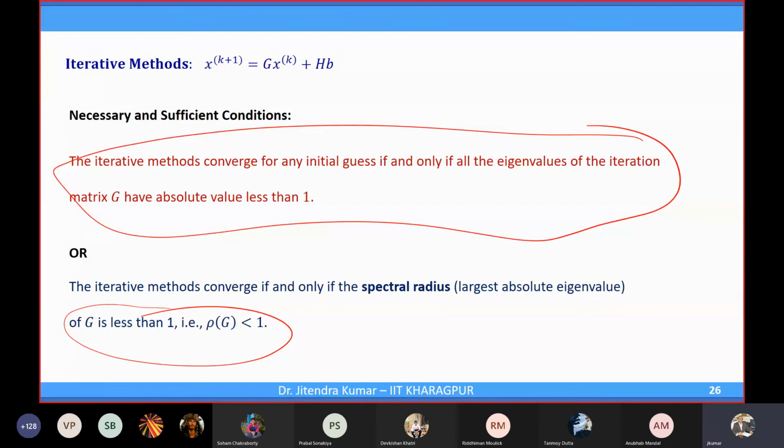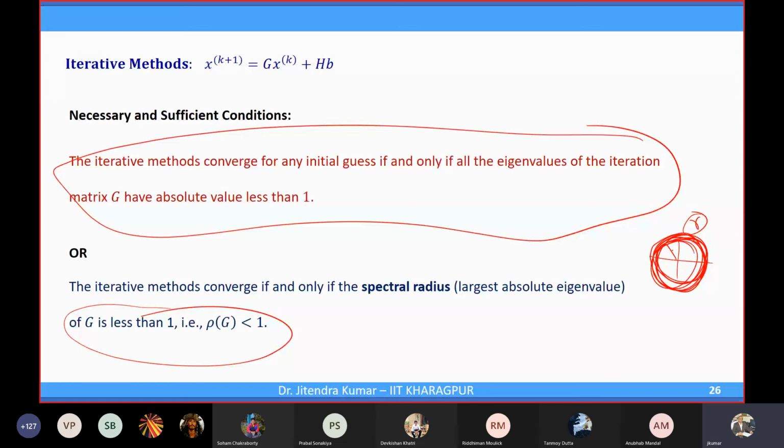If it is complex, it gives a similar notion that all the eigenvalues should fall within the given disk of radius 1. But why spectral, I don't know.